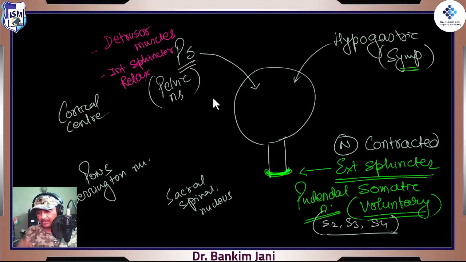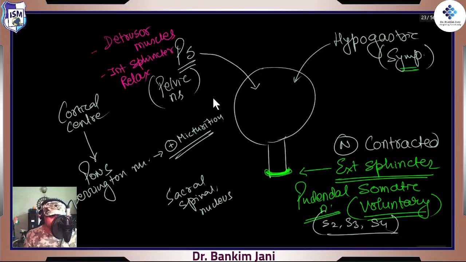But then someone is sitting on their top. Here it is this Barrington nucleus. He will facilitate micturition. He will say, yes, I'll plan everything so that the person can relax. But on top of it, this cortical center is sitting. He is inhibitory to this Barrington nucleus, inhibitory to this pons.